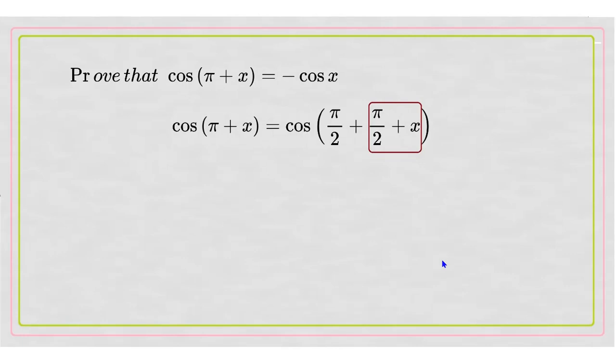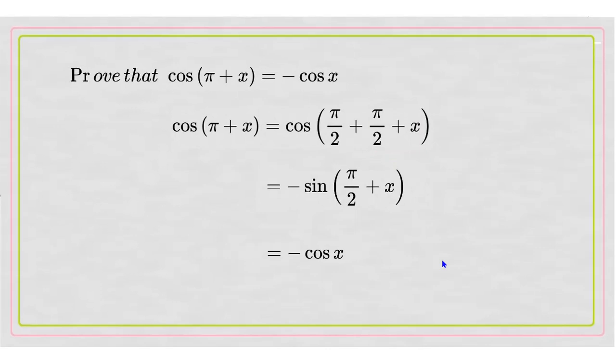Then it is of the form cos pi by 2 plus x. What is cos pi by 2 plus x? Cos pi by 2 plus x equal to minus sin x. What is x here? Pi by 2 plus x. You will have minus sin pi by 2 plus x. And what is sin pi by 2 plus x? Sin pi by 2 plus x is equal to cos x. This is already derived earlier. Therefore, you will have minus cos x.